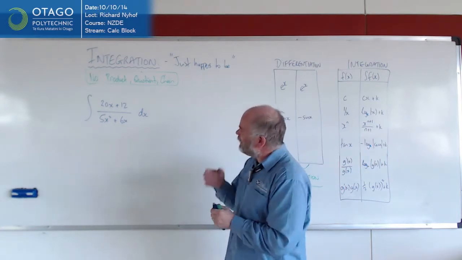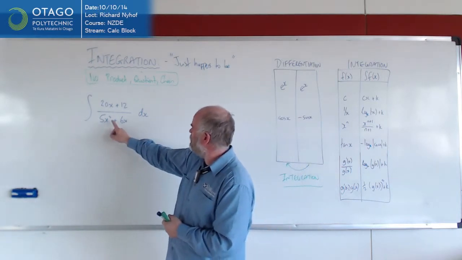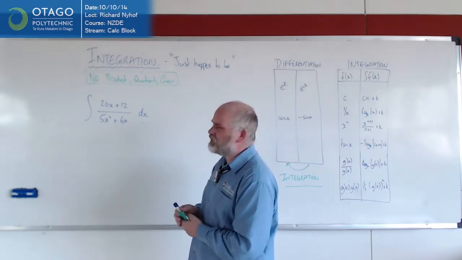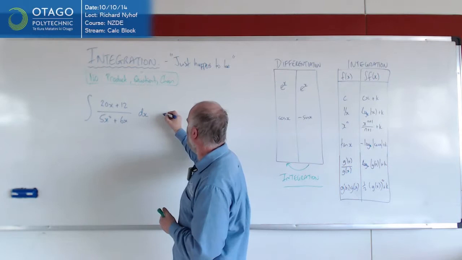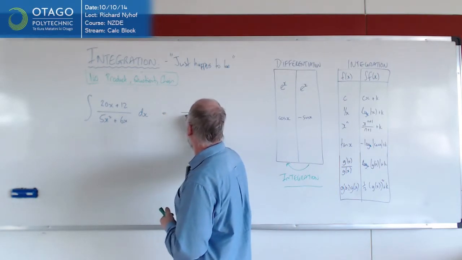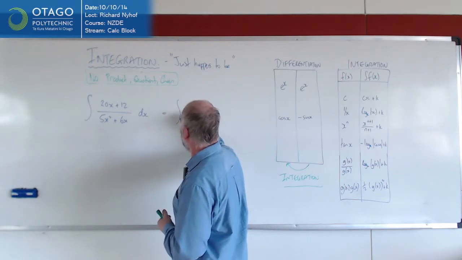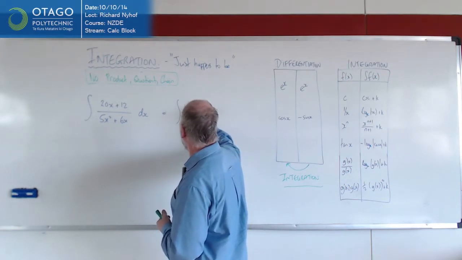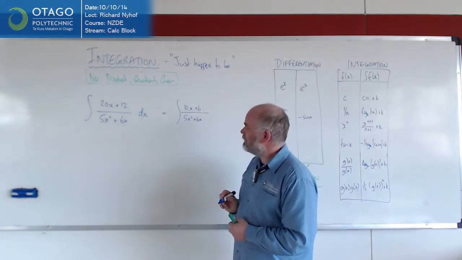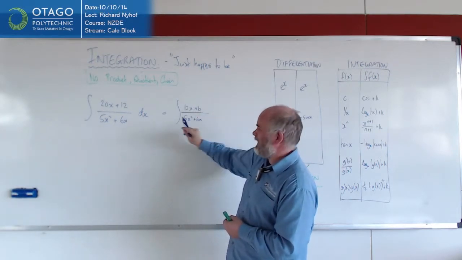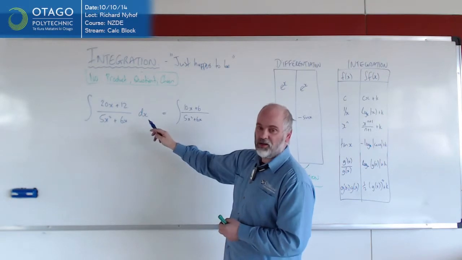And I look at that and I go, well, the derivative of the bottom is 10x plus 6, which isn't the top. But what say I did this? If I left the bottom like it is, and I put 10x plus 6 on here, now I have got the top as the derivative of the bottom, but that's not the same as that. I've changed it. What have I done?